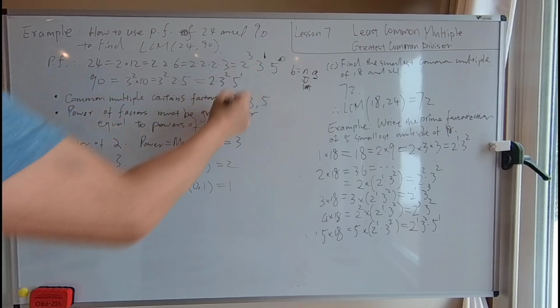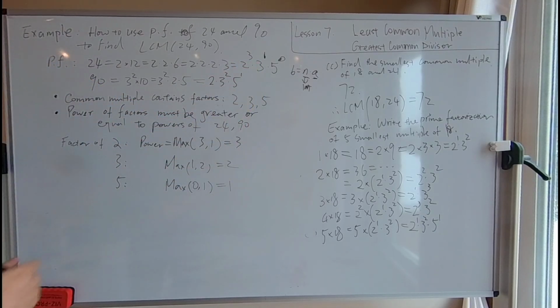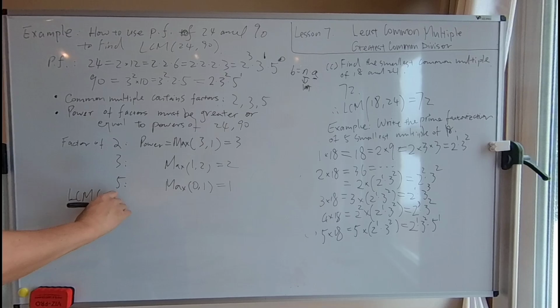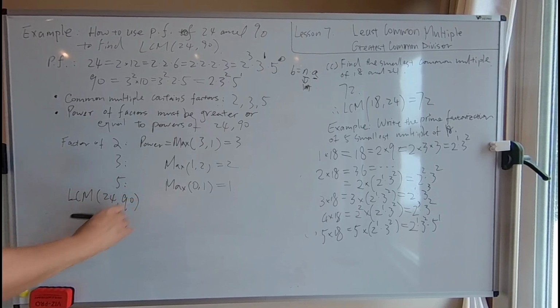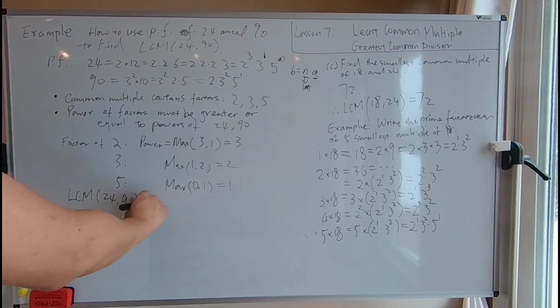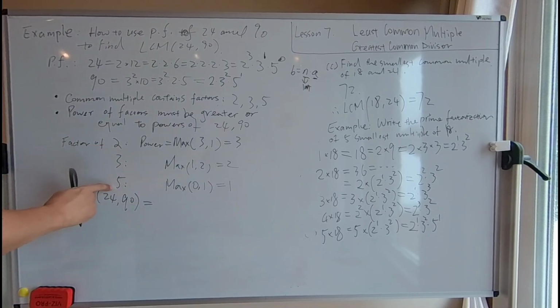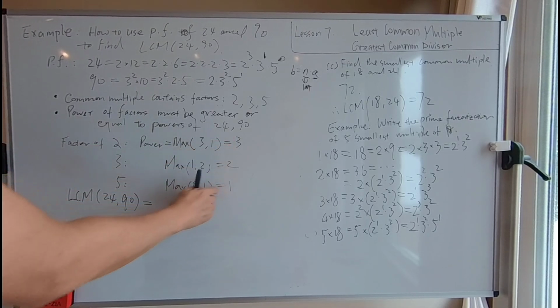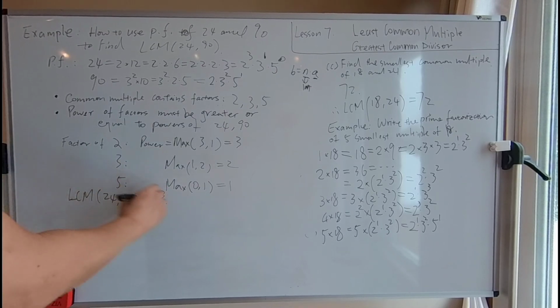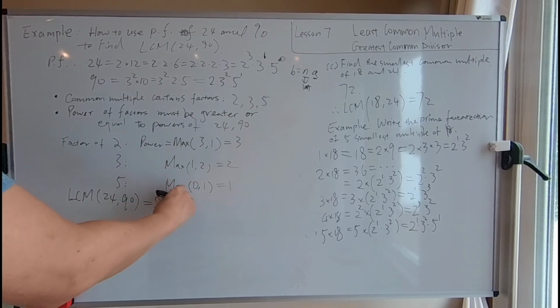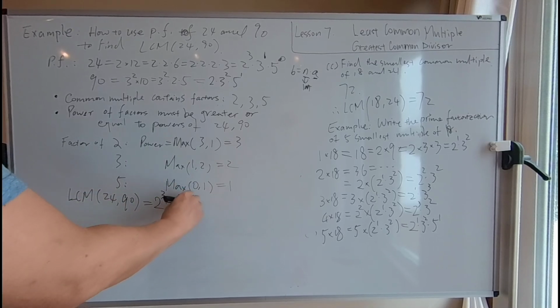Finally, putting them all together, I get the least common multiple of 24 and 90 by writing all the factors with their powers: factor 2 to the power of 3, factor 3 to the power of 2, factor 5 to the power of 1.